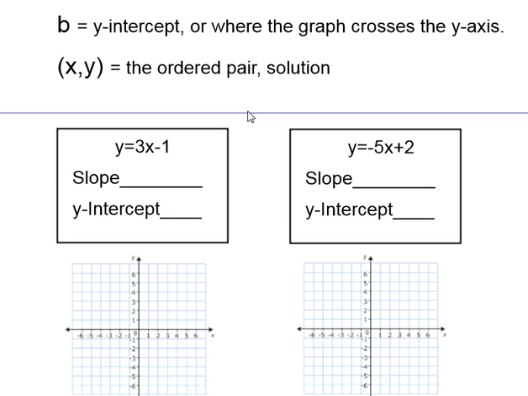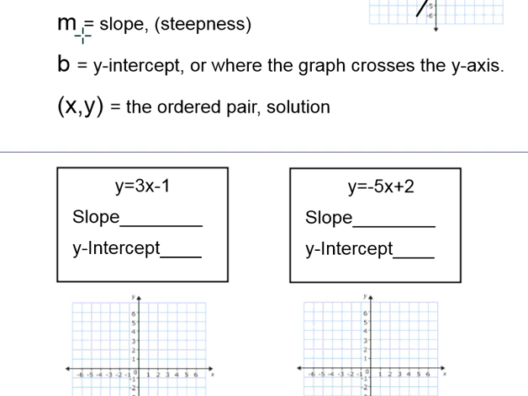Let's look at these lines. If I have y equals 3x minus 1, I want to be able to choose the slope and the y-intercept. So let's look up here just so we can remember. The m is the slope.